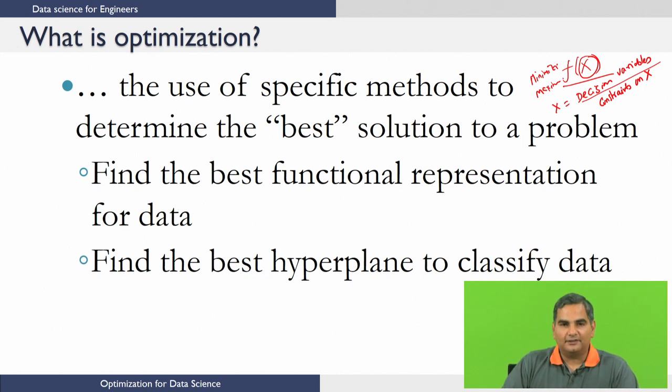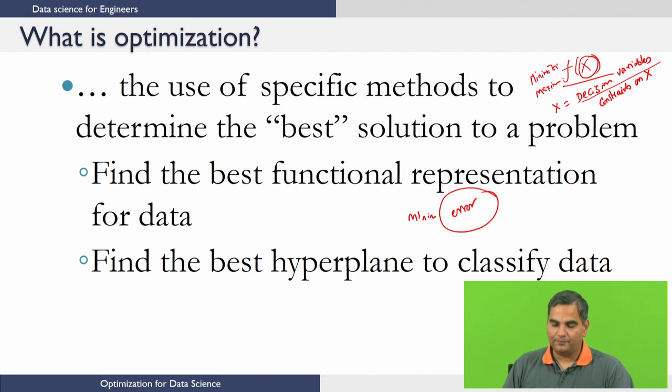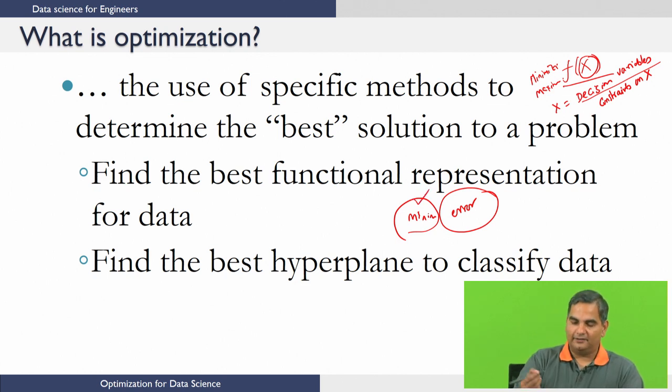Now, the minute I say minimum error, we have to define what this error is somehow. And the minute we say minimum error, that basically means we are trying to find something which is the best, we are trying to minimize something. So, this part is already there, finding a best for some function, and this error is something that we define.